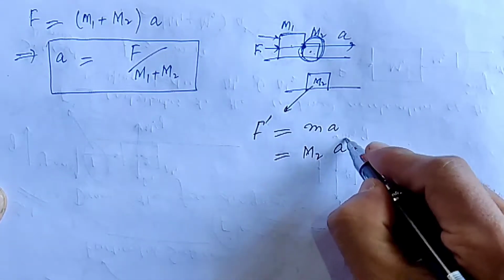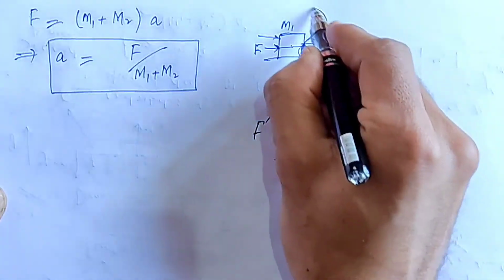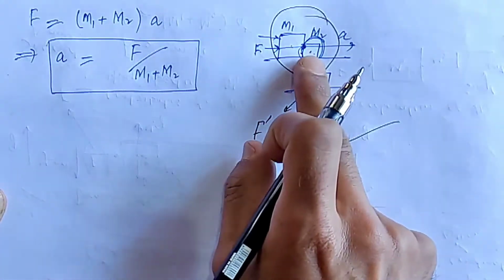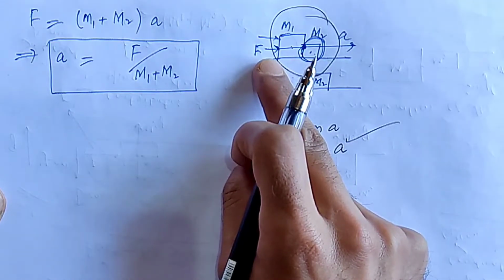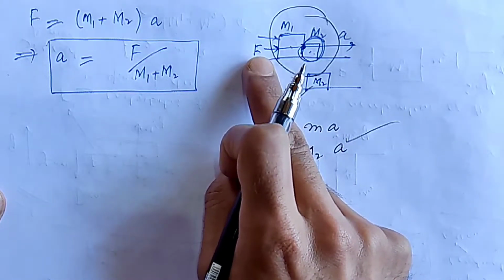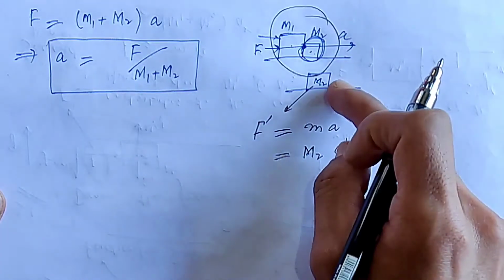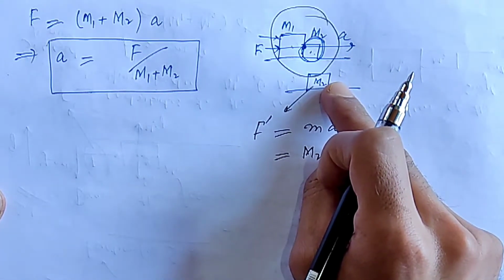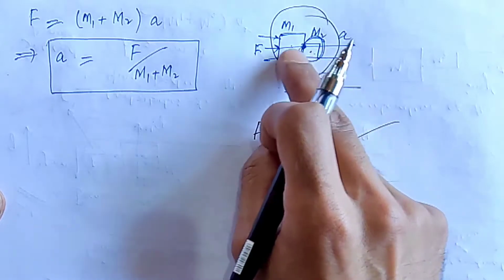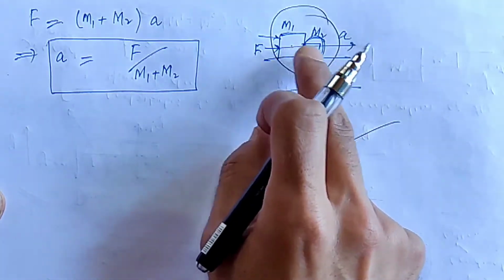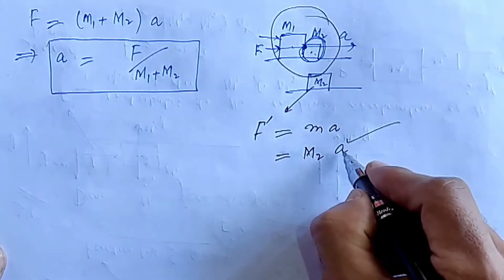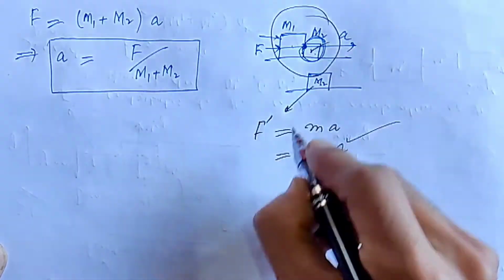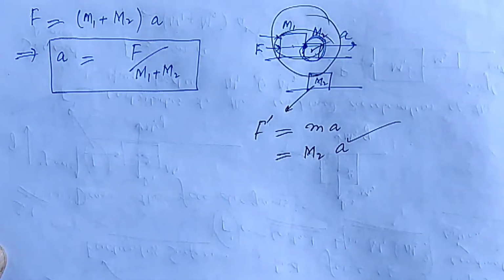This acceleration is the same for both bodies, because the two bodies are combined and move together due to the force F. So M2 will be moving with the same acceleration as the two bodies as a system, because these two bodies are set in motion in a combined state.